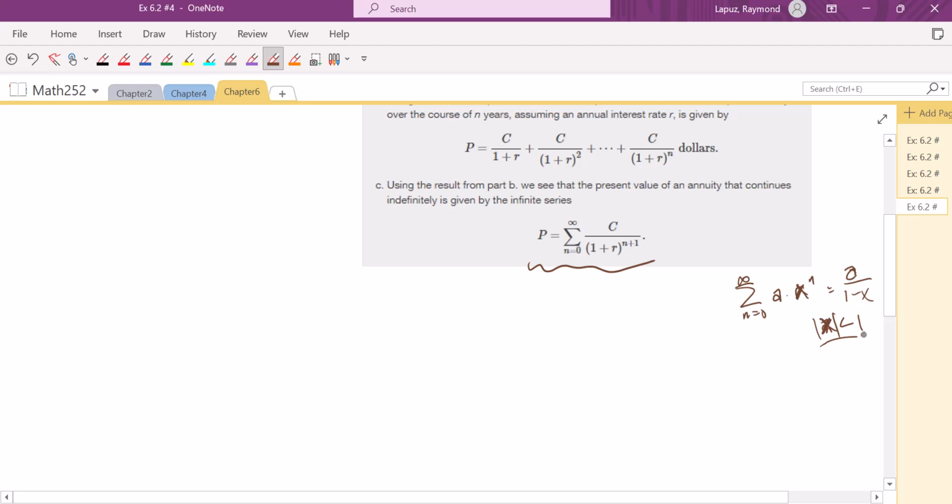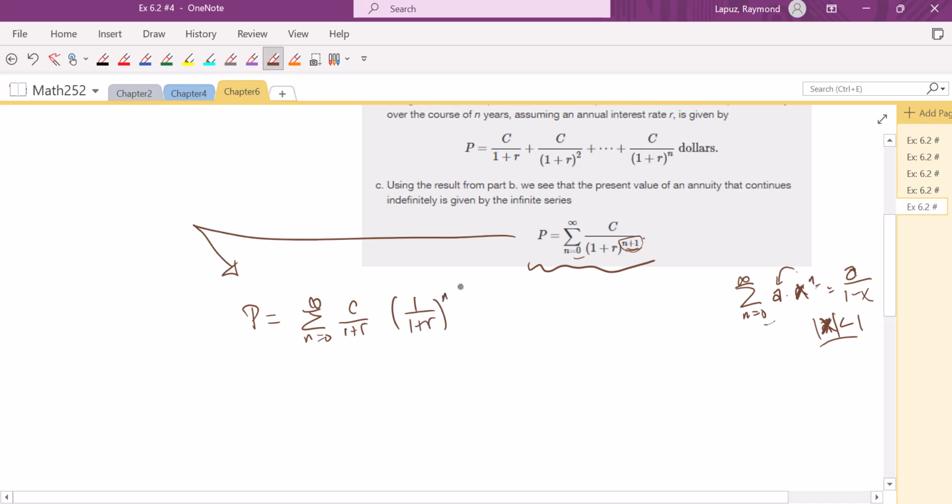Now, there are some slight changes here. The slight change is that this starts at 0, but the power I have for n here is different from the power of n plus 1. So we can take that out and make it part of A. So let's rewrite this formula: P equals the sum from 0 to infinity of C divided by 1 plus R. I'll take the C out, I take the 1 plus R out, and then I have 1 over 1 plus R raised to the nth power.